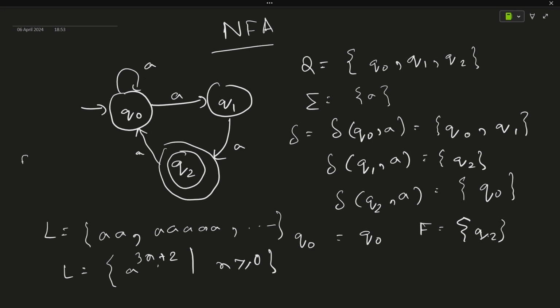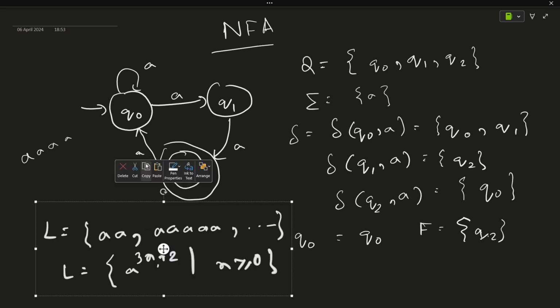One way is A, A, A, then A. Actually, I am wrong, this is the NFA, delete.